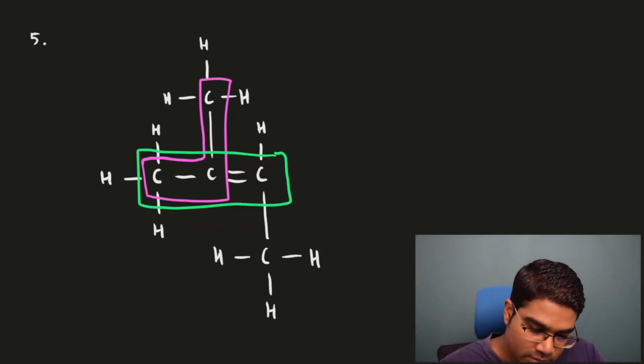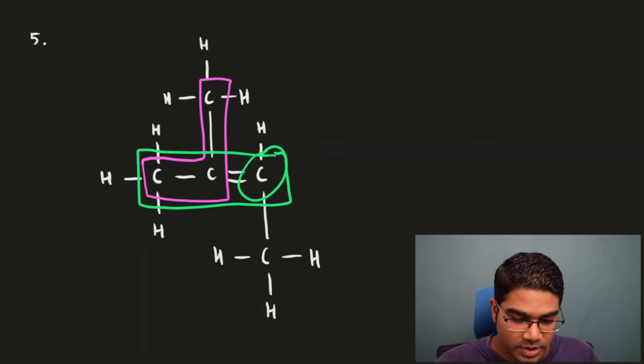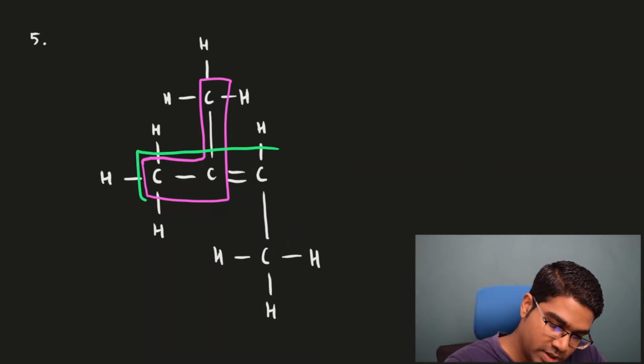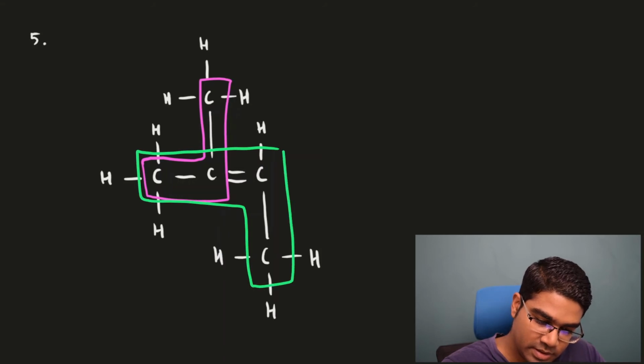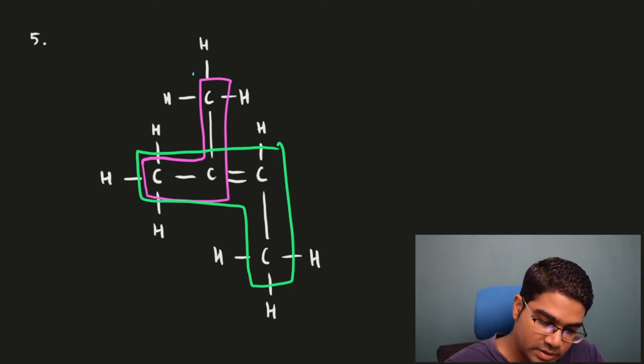This carbon is still connected to this carbon, so the chain would continue. So that would not be the longest chain. Instead, this would be the longest chain. And then we can form another chain here, this one.